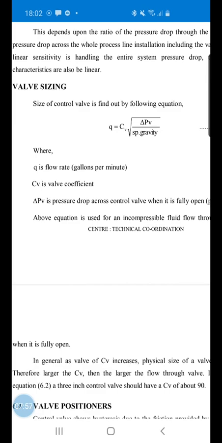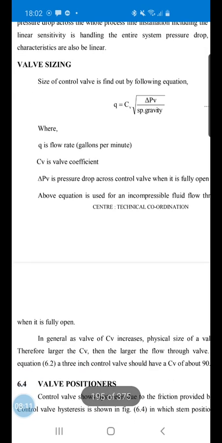If you want to calculate the valve size, there is a simple equation used to find the size of the control valve in terms of capacity. Q is equal to Cv into square root of delta PV upon specific gravity, where Q is the flow rate, which will be given in gallons per minute.